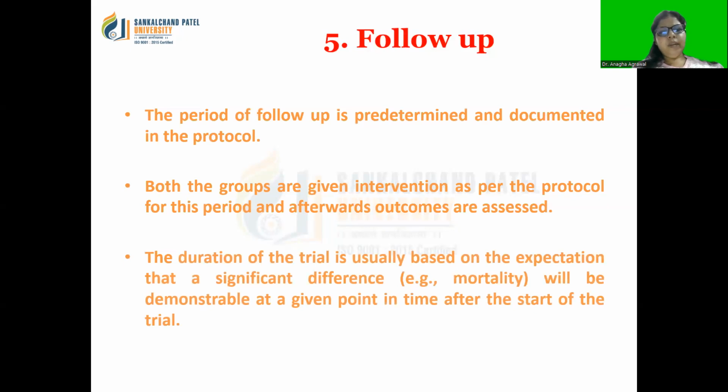The duration of the trial is usually based on the expectation that a significant difference in outcome or mortality will be demonstrable at a given point in time after the start of the trial. So scientific backing has to be there, saying that after this period the drug may show visible changes that are of interest in that particular disease.